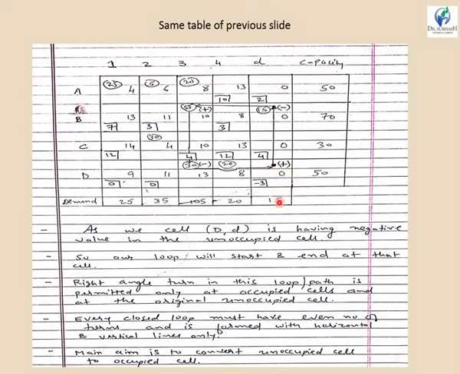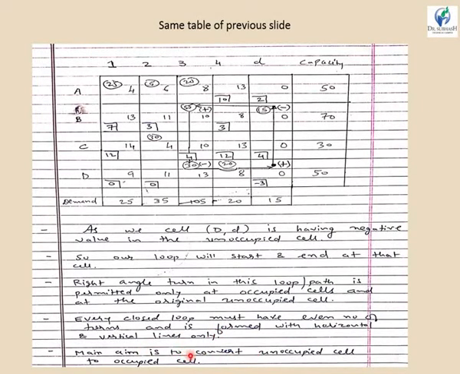Certain rules are there. A right angle turn in this loop or path is permitted only at the occupied cells and the original unoccupied cell. Every closed loop must have an even number of turns and is formed by horizontal and vertical lines only.